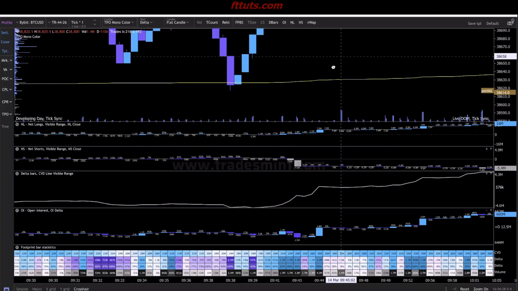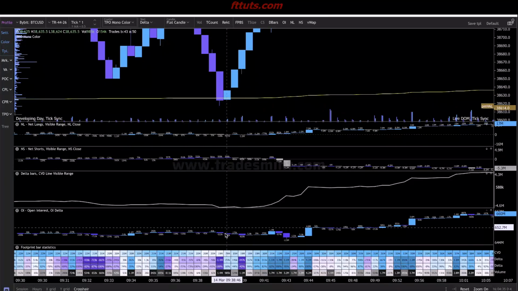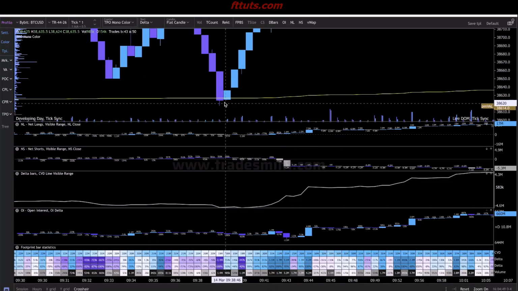If the delta is negative 100%, it can't go any higher than 100%. And so if you see this negative delta at 100%, and you see a huge spike in volume as we're coming to a key area of support, then you can wait and see if we have any trapped traders.